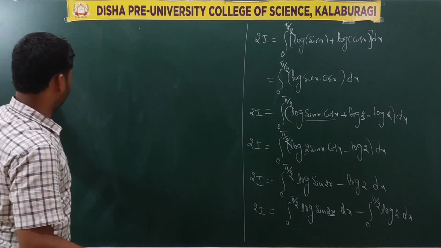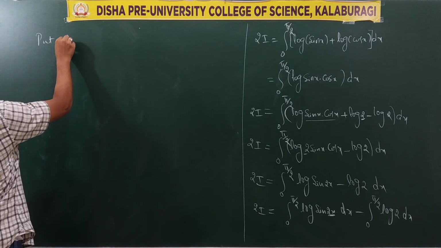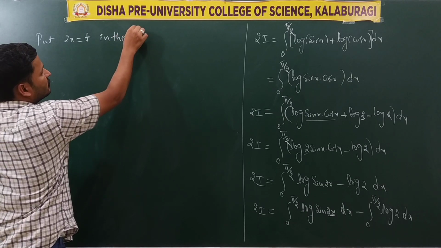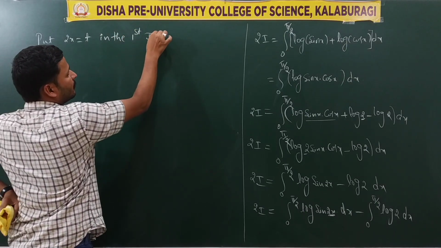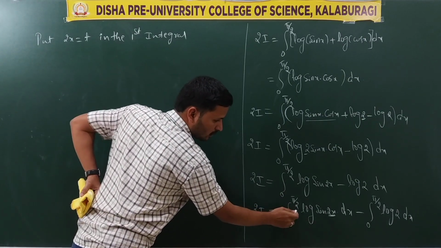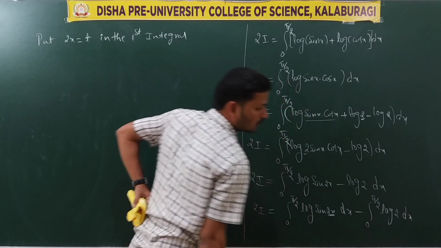The first integral is 0 to pi by 2 log of sin 2x, and the second integral is 0 to pi by 2 log of 2.